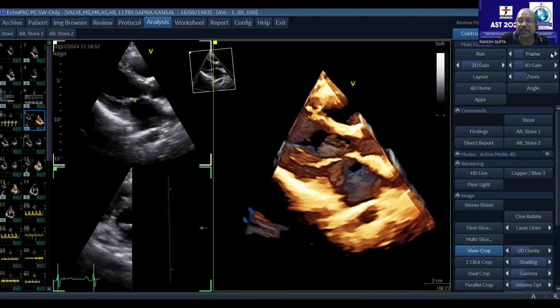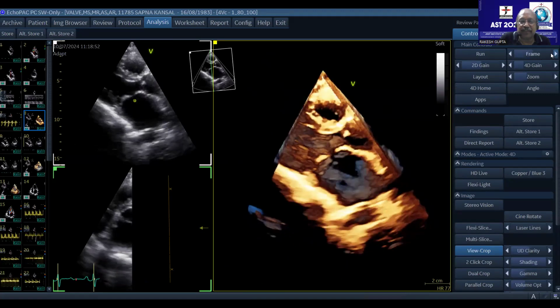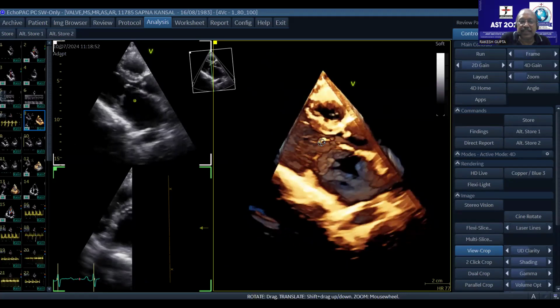If I freeze this image and move frame by frame, look, this is the AML out here, correct? This is the PML. AML thickening is more than PML thickening. These are the long chordal fibers attached to this AML and PML. The most important part of these cords is when we talk of subvalvular thickening.